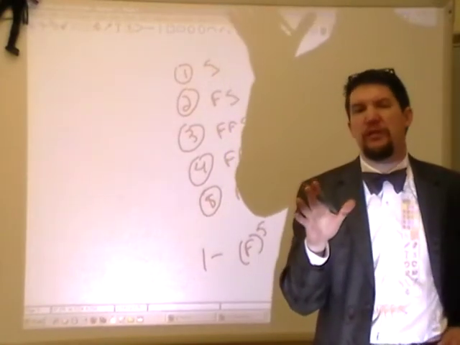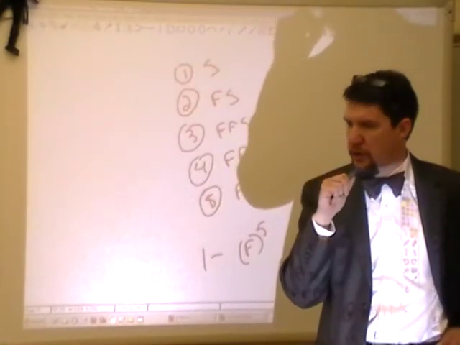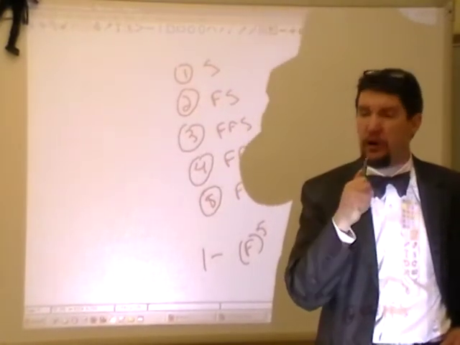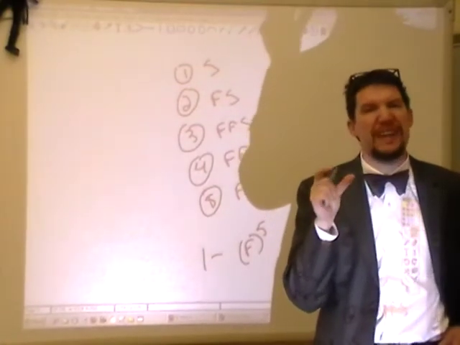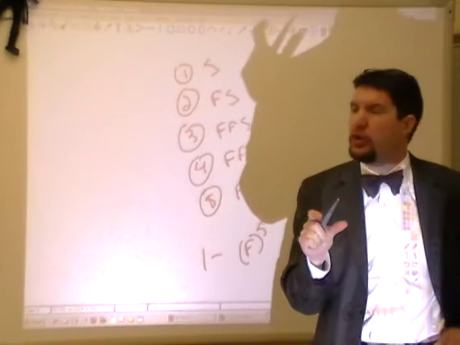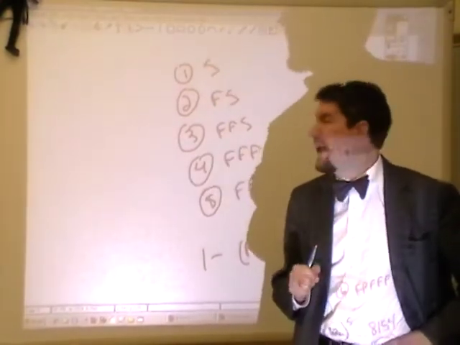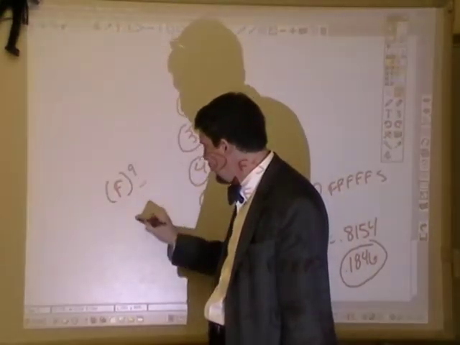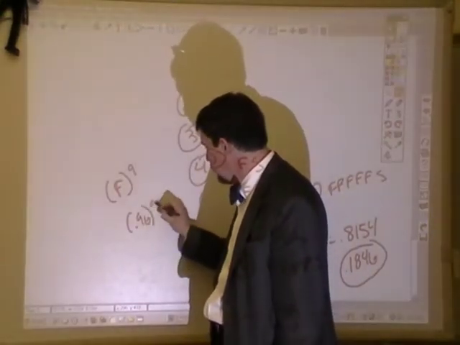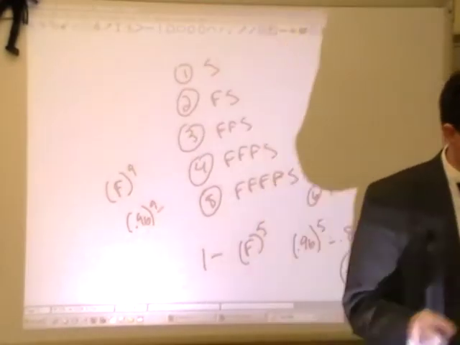But if my first success can happen on the 10th, what has to happen before that? I have to have 9 failures. That's exactly what this question is asking: the probability of 9 failures, which would be failure to the 9th, or 0.96 to the 9th. And you can figure that out all by yourself.